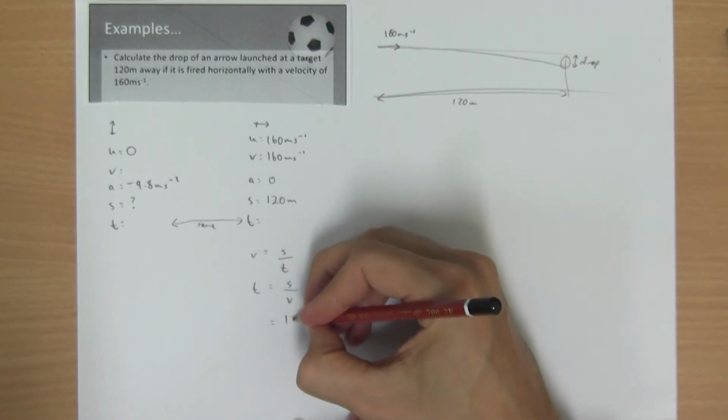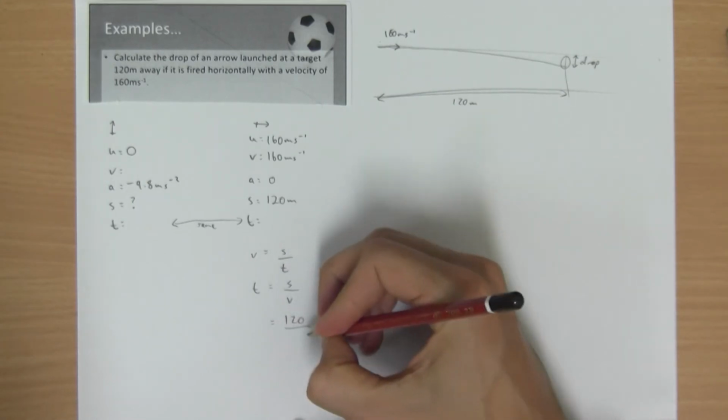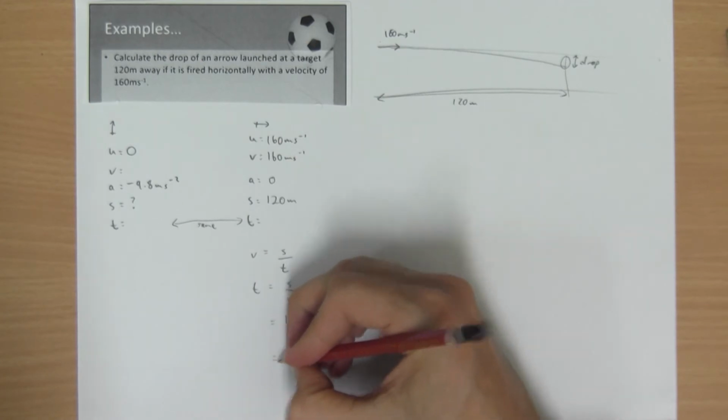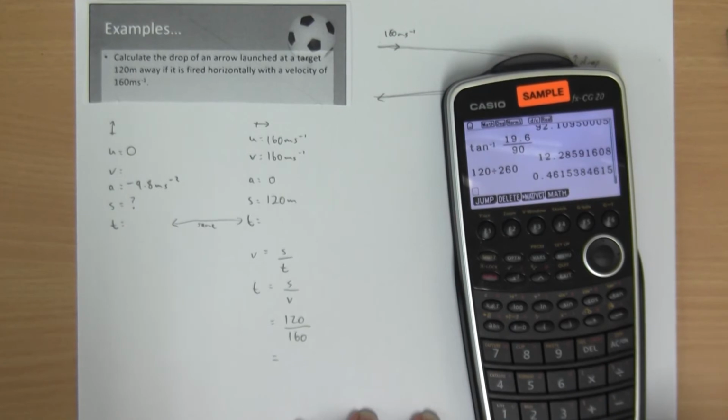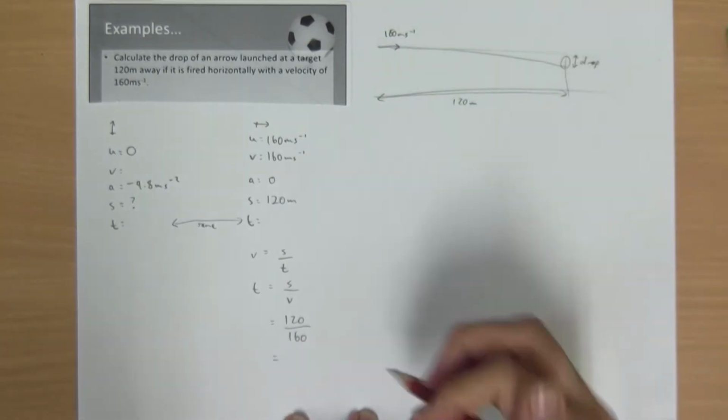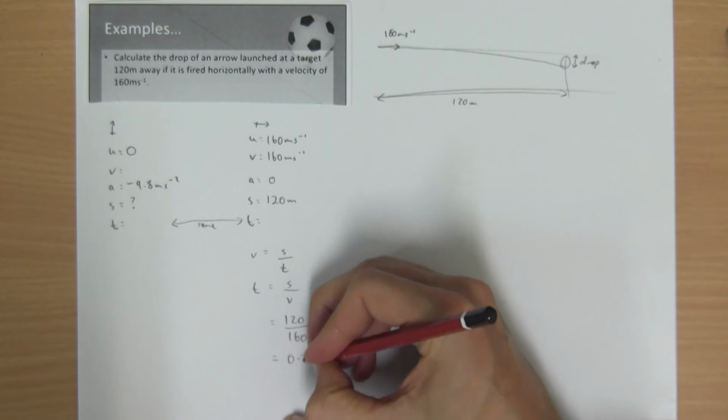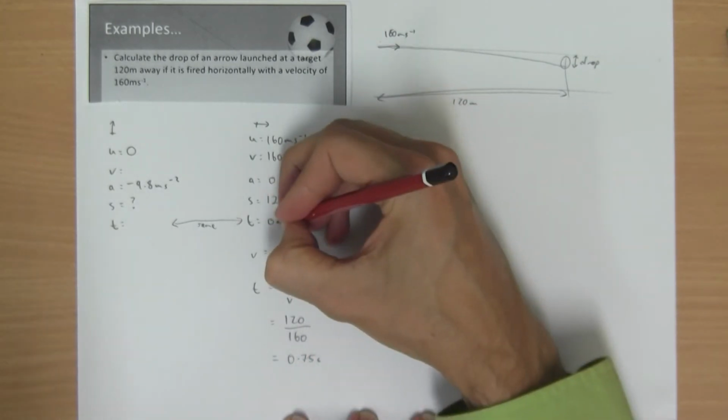So that's 120 over 160, which should be 3/4. 0.75 seconds.